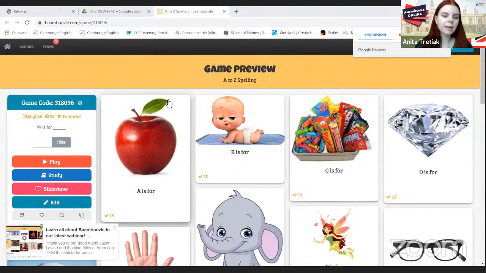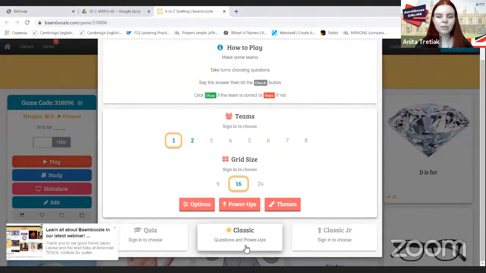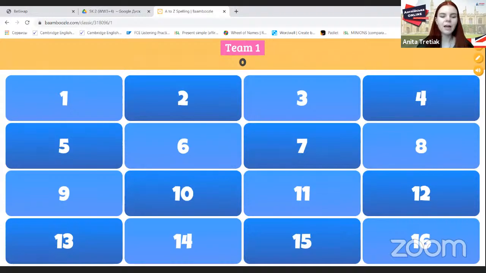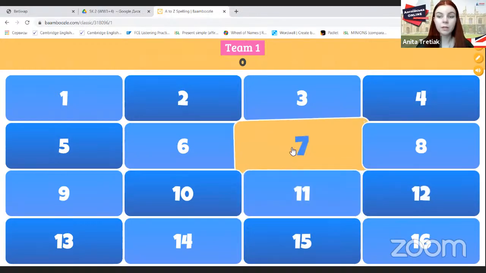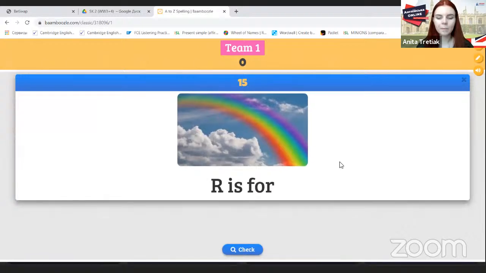For example, A is for what? You can see it here. The word starts with this letter, and then you can write what you can see there. So I hope you understand what to do, and I think we can start. 16 questions, and let's start with just a random number. I think this one will be okay.